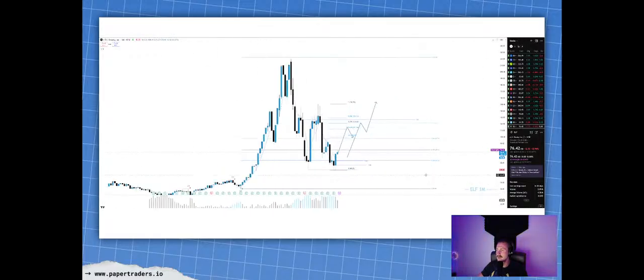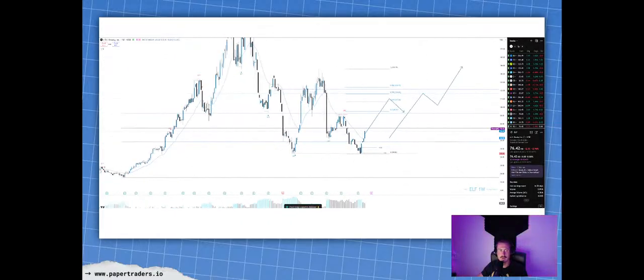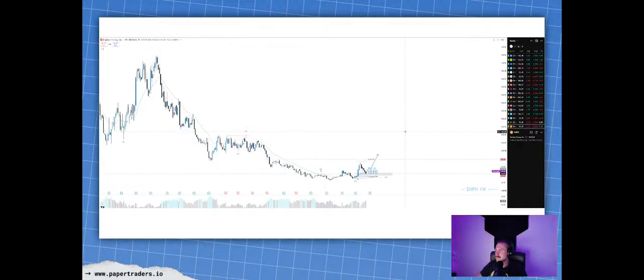Above the monthly CISD as well, and weekly is seeing a nice continuation above 200. Oh, looks pretty good here.